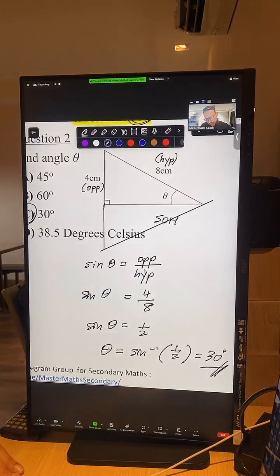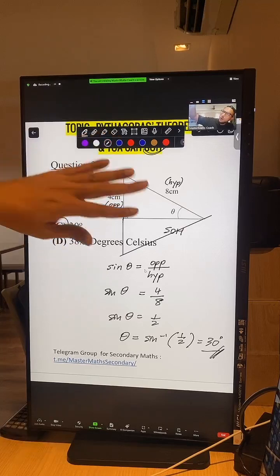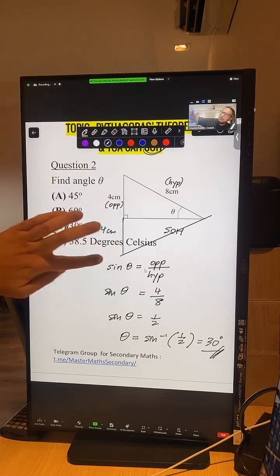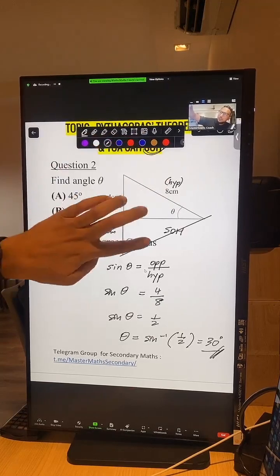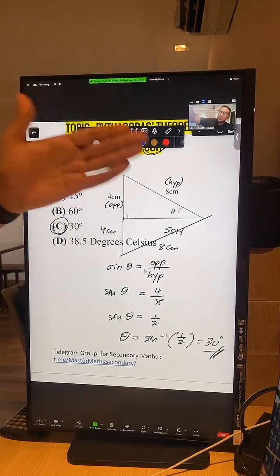So if you copy the triangle down, you make a mirror, you reflect the triangle, and then this one also 4 cm, then this one will be 8 cm, this one 8 cm, this one will also be 8 cm, because it's a mirror.